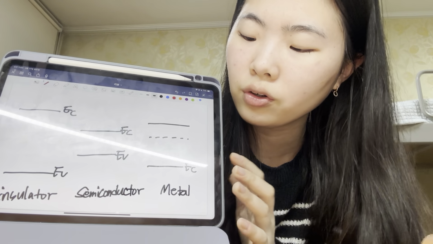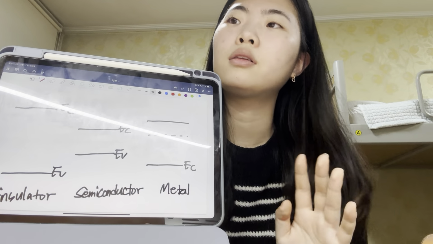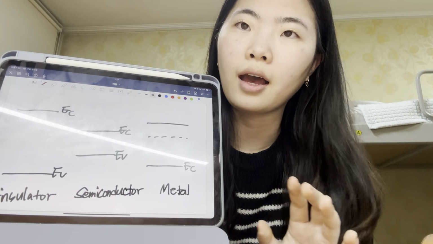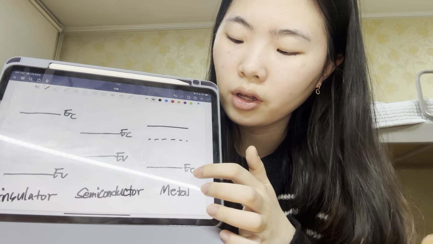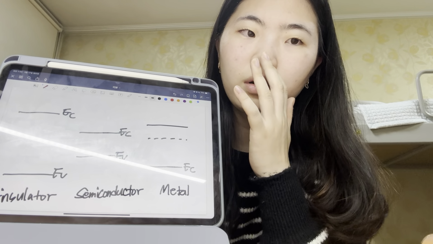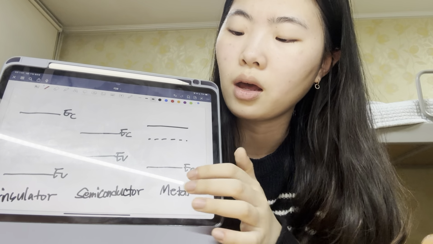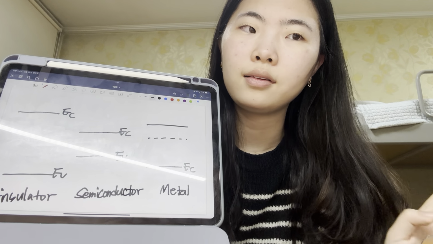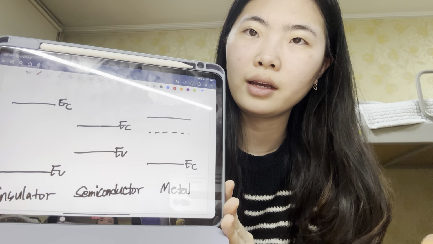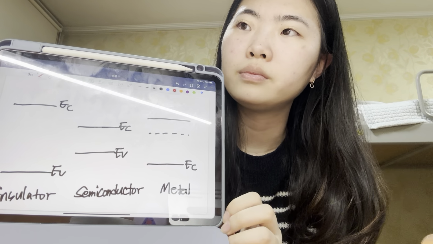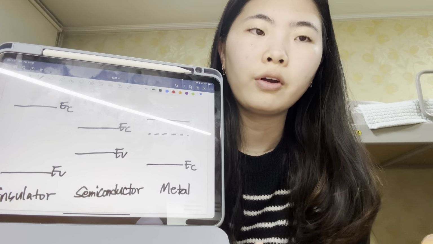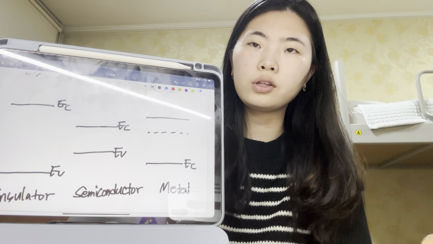And actually metal has no forbidden gap. The conduction band is very near to the valence band, so at any time the current can flow very well with a very low input voltage.